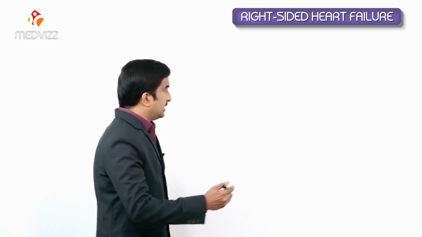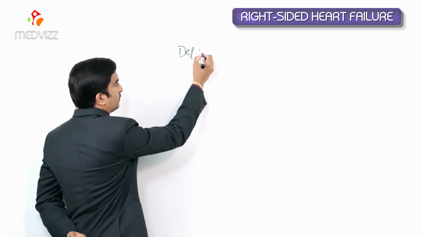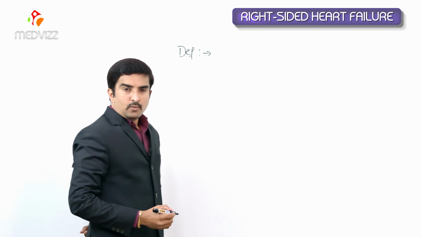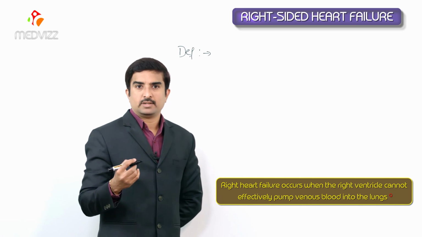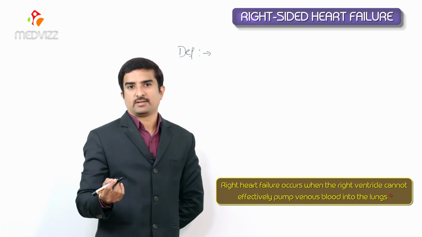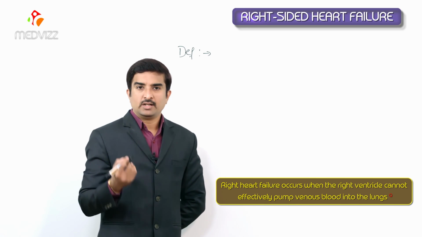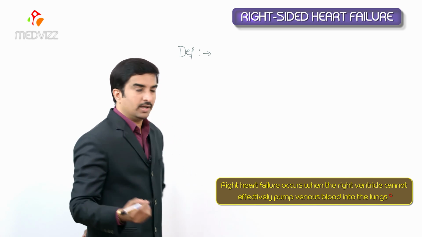So, what is the definition of right-sided heart failure? Whenever the right heart cannot pump its venous return blood into the lungs, then we say that it is right heart failure. So, what is right heart failure here?